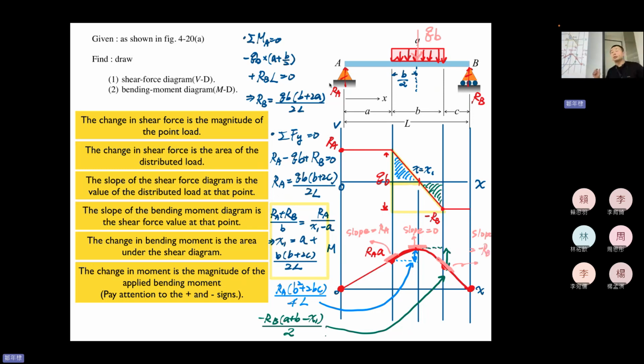Okay, that's it. So this is this problem. I hope you understand what I'm talking about. You need to do that because you need to understand it, because chapter 5 needs this one first.